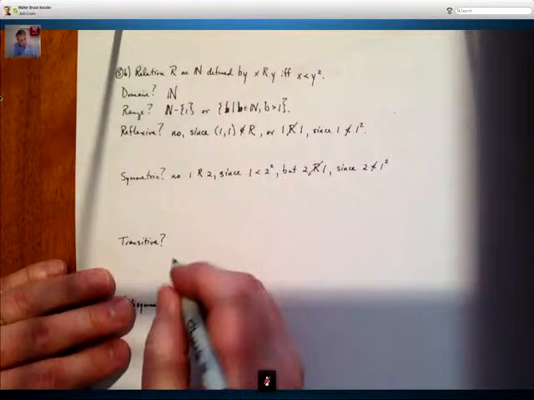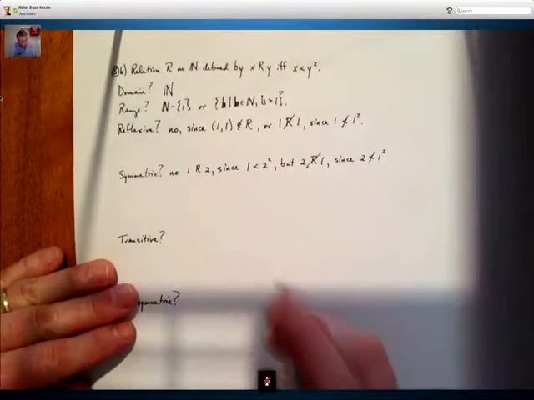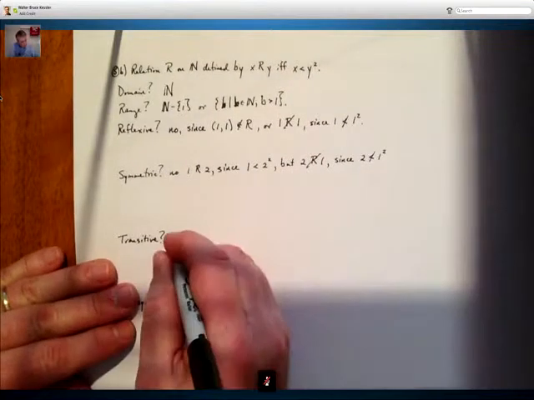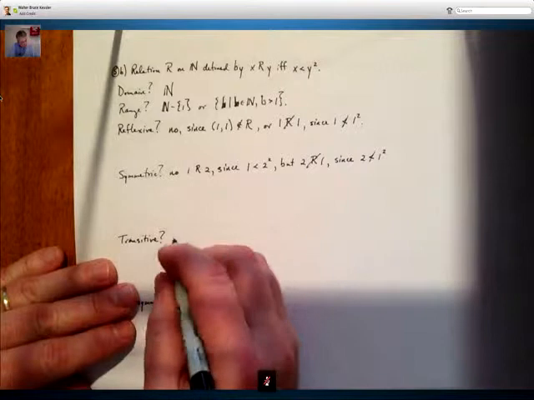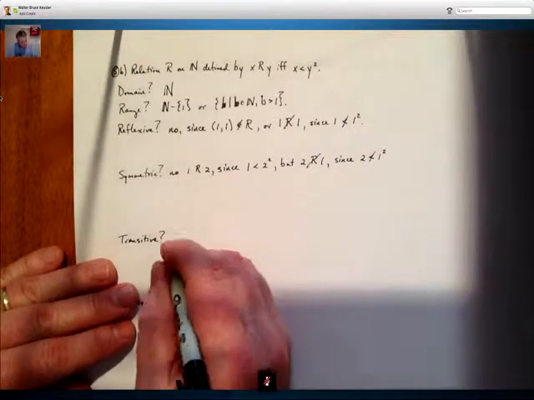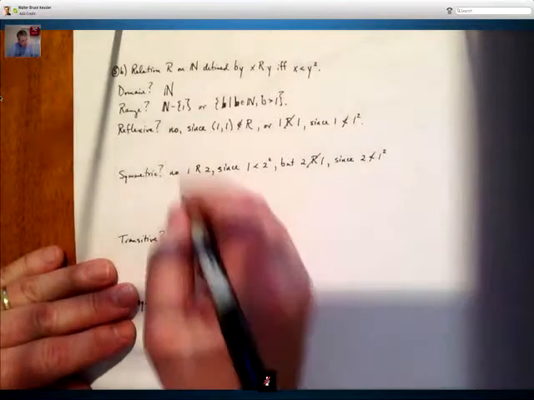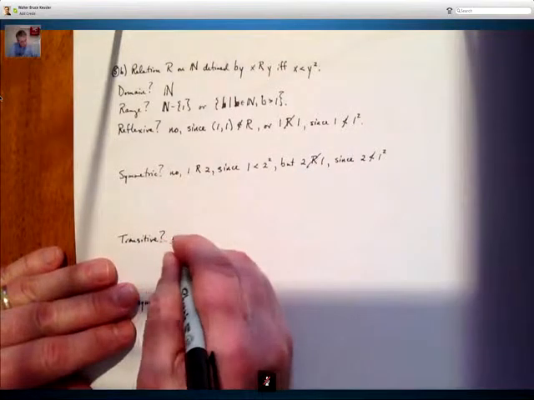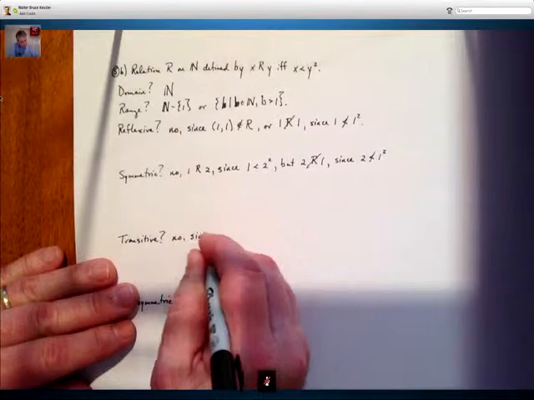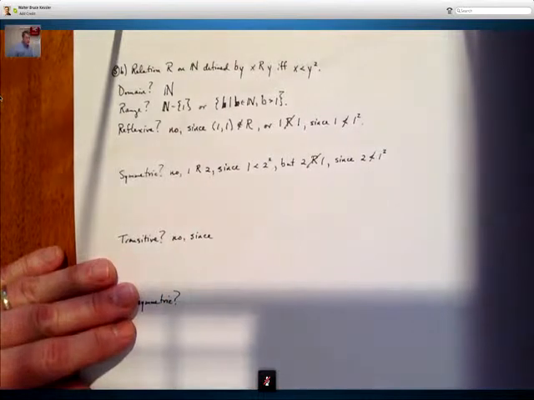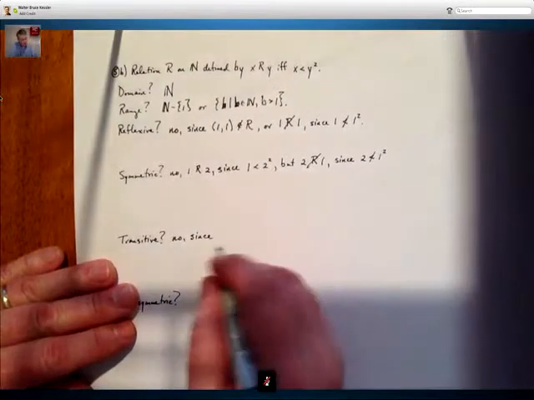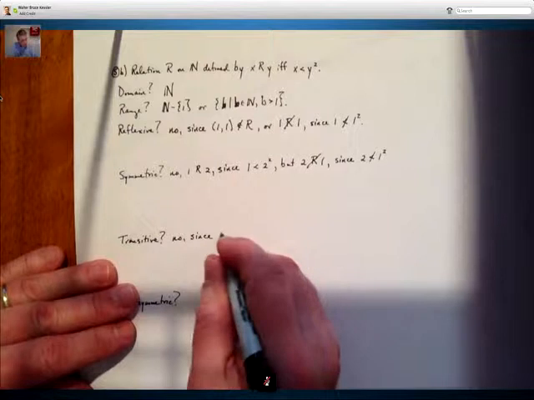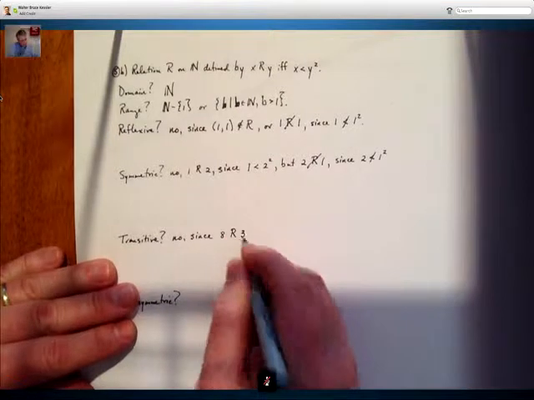Transitive, I think, also fails to work. Let's think about this. I think the example I used before. No. In fact, I almost had convinced myself that this did work, but actually it probably doesn't. I think the one I used before was 8 was related to 3.